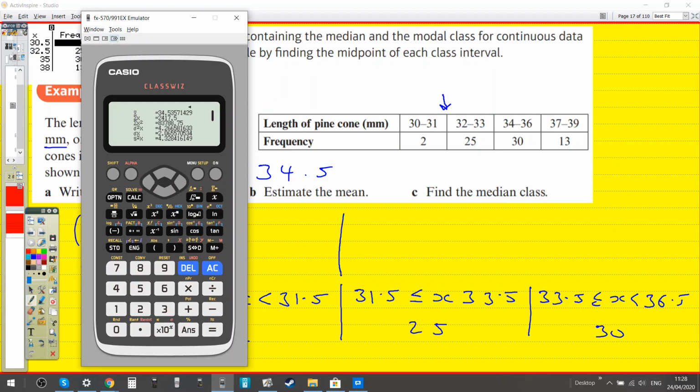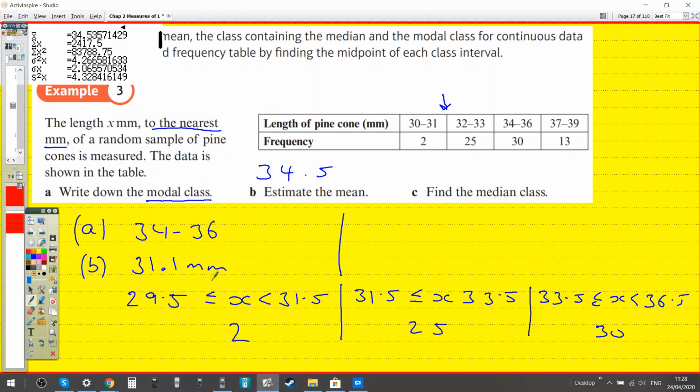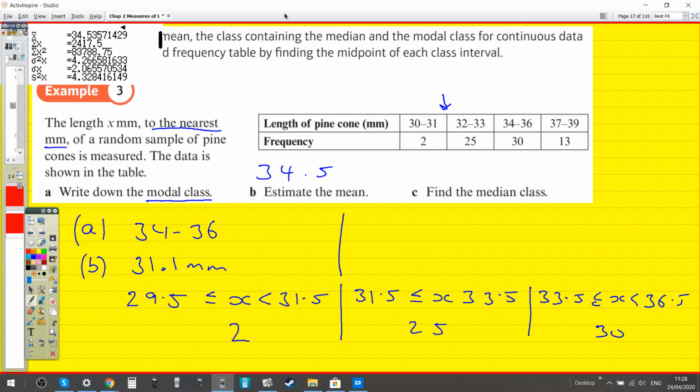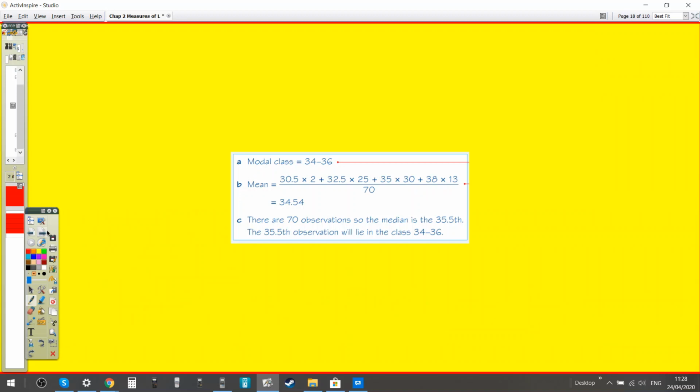So the median will be 35. We're saying median is 35. Let me see.